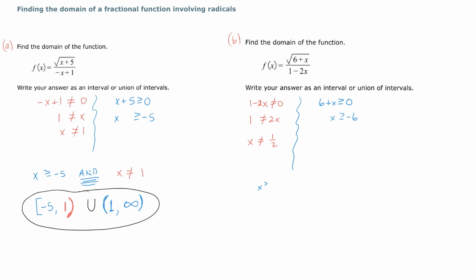So x is greater than or equal to negative 6, and x cannot equal 1/2. Putting that together, we have bracket negative 6, shade up to 1/2, parenthesis, union, parenthesis, 1/2, and then shade towards the concept of infinity.